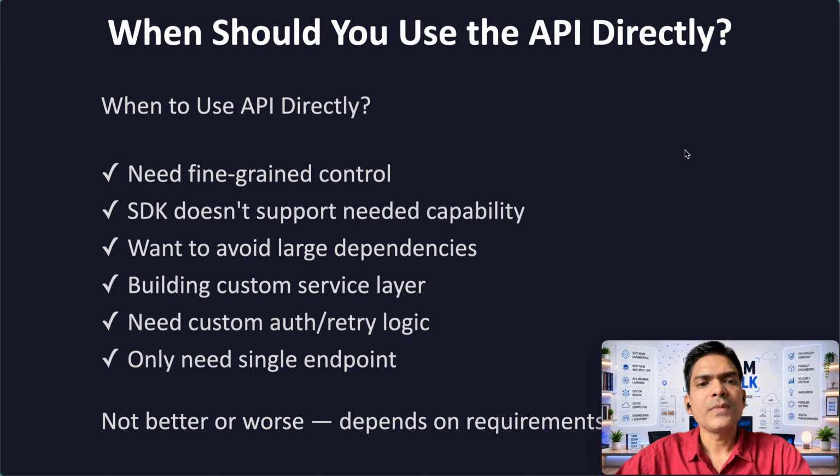We might also prefer the API when we want to avoid introducing a large dependency into our application, or perhaps we are building our own reusable service layer around that API. So, using the API directly is not necessarily better or worse. It depends on the requirements.